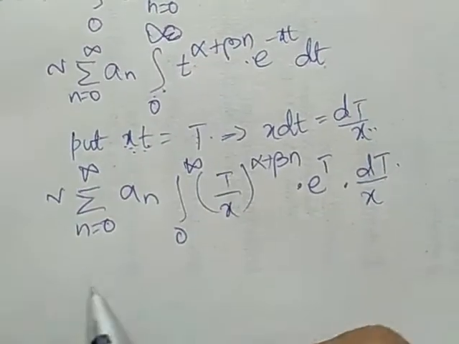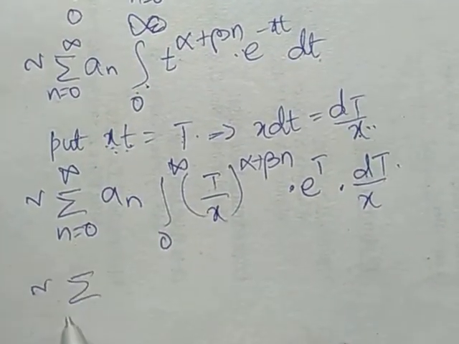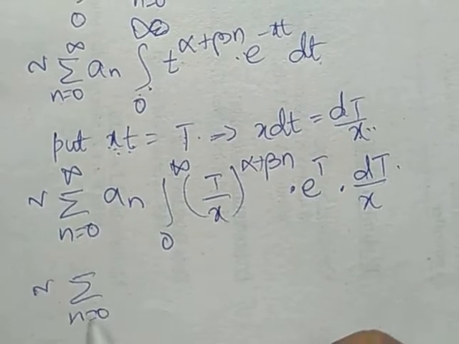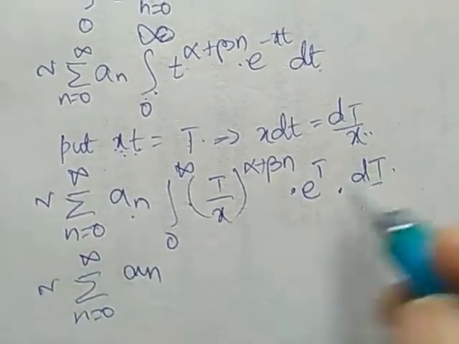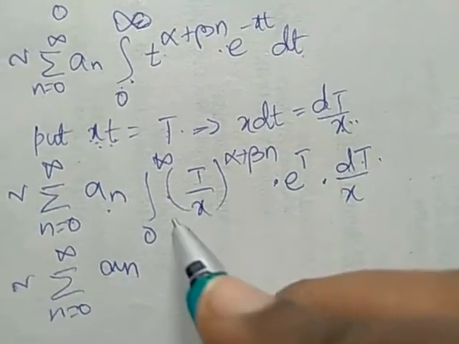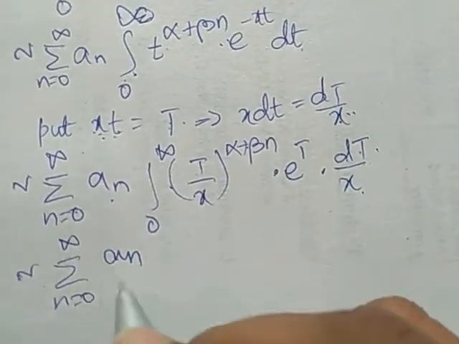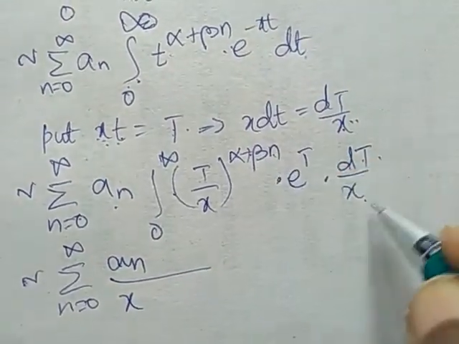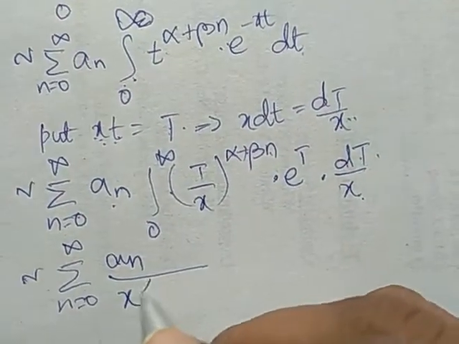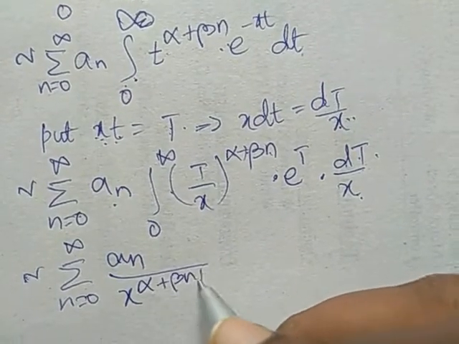So we can write this as summation, asymptotic, n equal to 0 to infinity. a_n is constant. Integration is with respect to T, so we can take x terms outside. X power is alpha plus beta n plus 1.